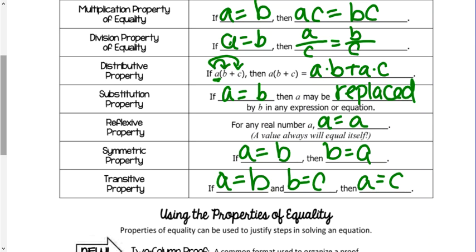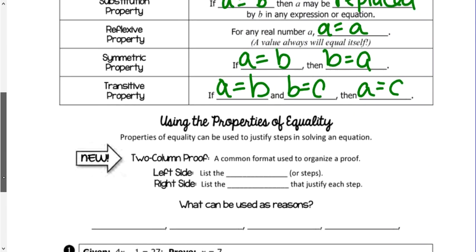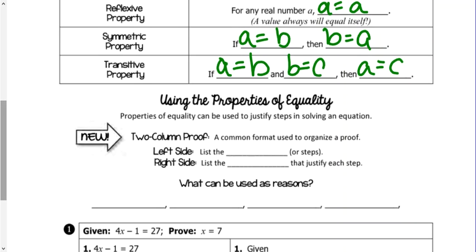Okay, so hopefully you got all those copied down, and we'll go ahead and move on to using the properties of equality. Properties of equality can be used to justify steps in solving an equation.